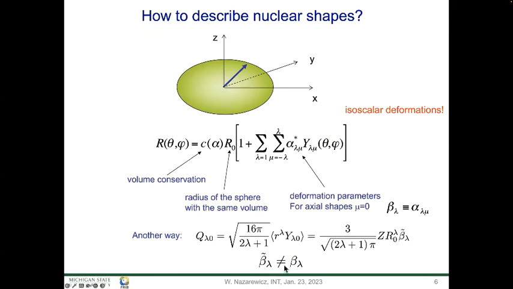So one has to be very careful how one defines those deformations in particular models. But the question is how big is the typical difference between them, like a few percent? It can be very big. I mean, you go to superdeformations, and this will be extremely big.